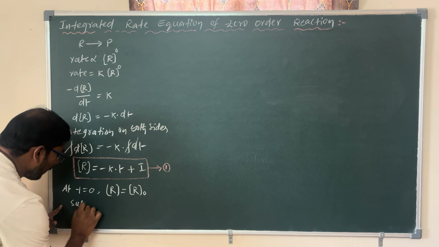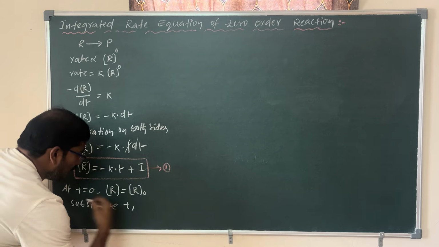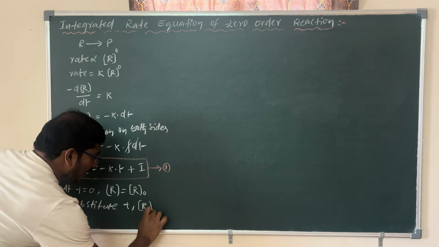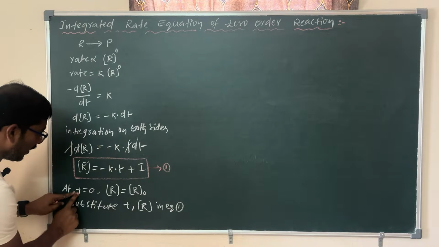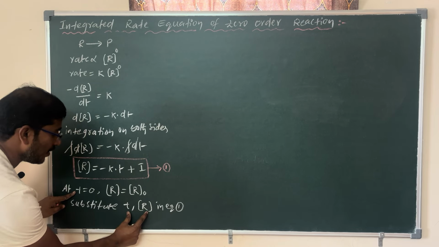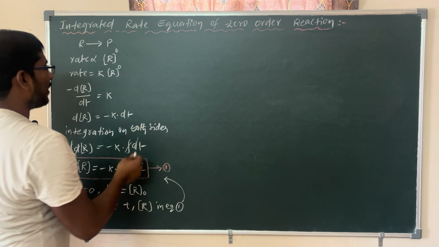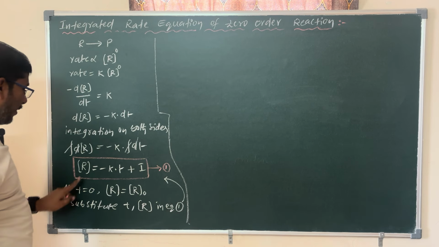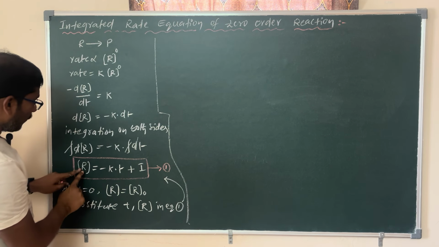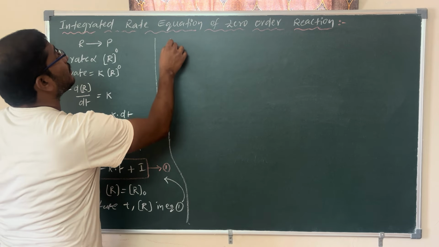Substitute the T value and the concentration of reactants value in equation 1. What is the T value? Just listen carefully. Now what are we getting here? In place of the concentration of reactants, I am going to substitute the initial concentration.